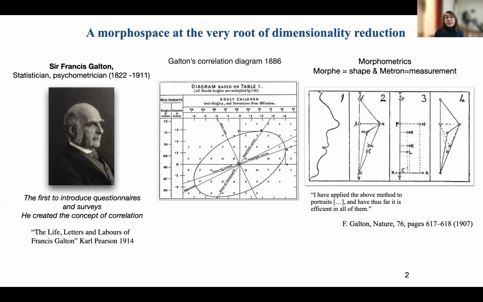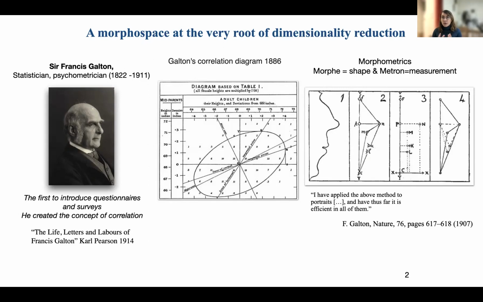He was a statistician, and he first introduced questionnaires to acquire data that he then projected in a Cartesian space, as you can see in the middle, for the age of parents and adult children, and see if there were correlations between the measures that were taken.